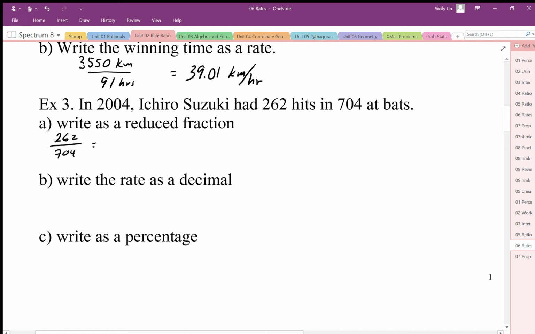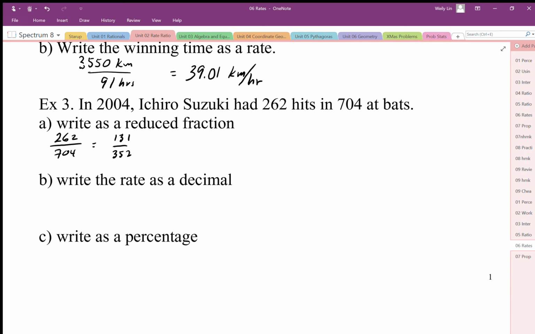Okay, we need to reduce this fraction, so we need to find some common factors. 262 and 704 share a common factor of 2, and I think that's it. So when we reduce this, divide by 2, I don't think 131 and 352 share a common factor, so there's our reduced fraction.